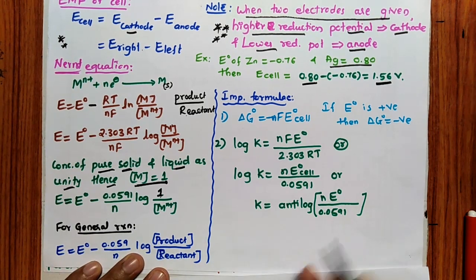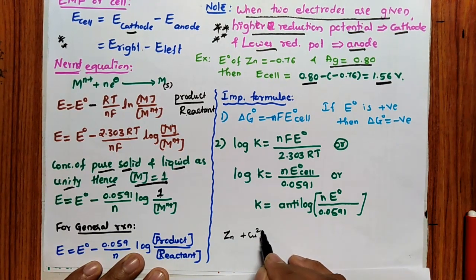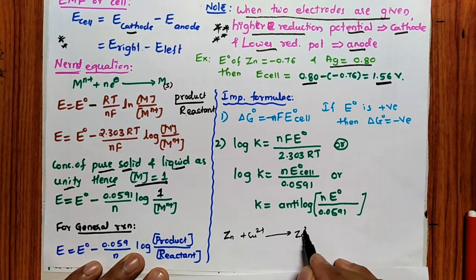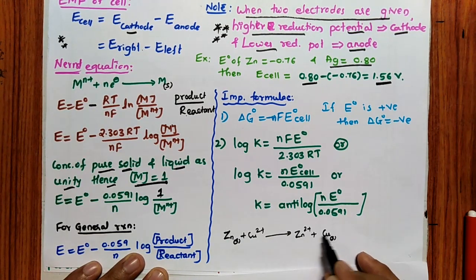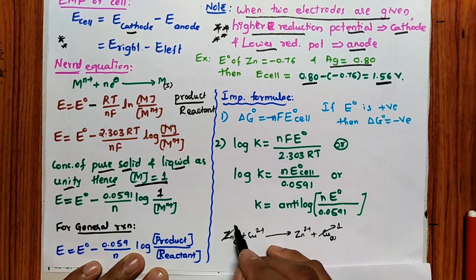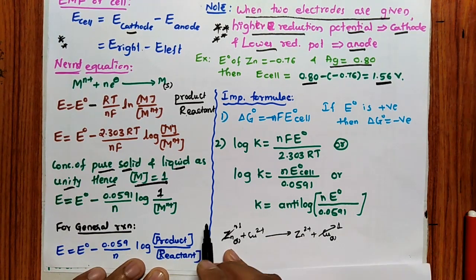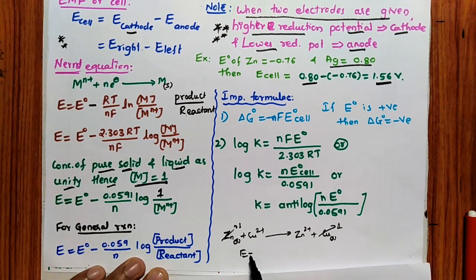For example, if I take a galvanic cell, it is Zn plus Cu2 plus giving rise to Zn2 plus and Cu. Now remember, Zn is a solid, Cu is a solid, hence the concentration is equal to 1, it is also equal to 1. Now what will be the equation? Same, E is equal to E naught minus 0.059 divided by N. Here N, remember, is 2.